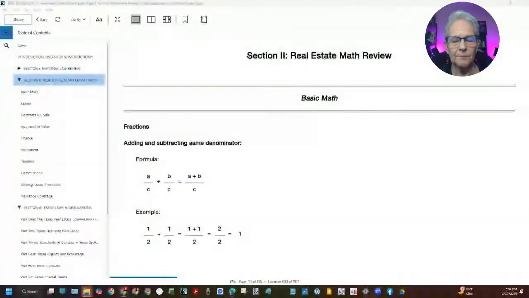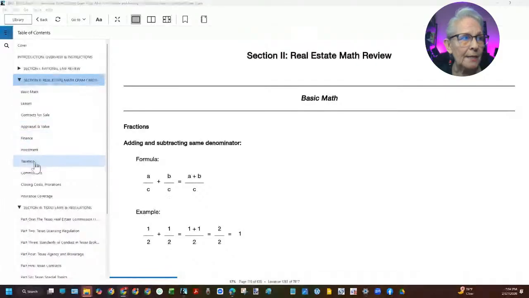Okay, so that is it for the math portion. And again, if you have this book, we went through basic math, leases, contracts for sale, appraisal.